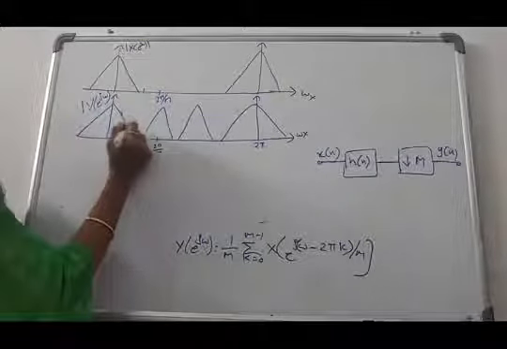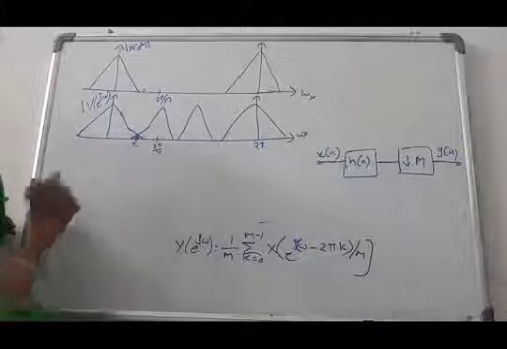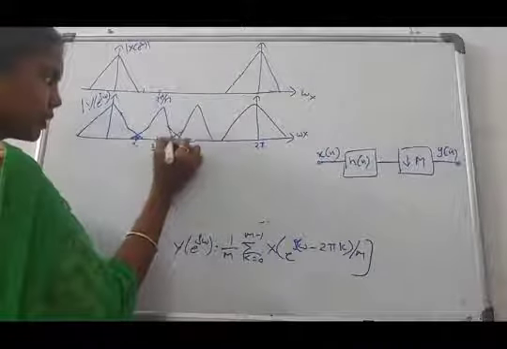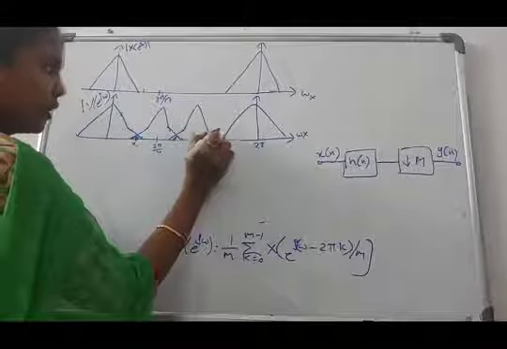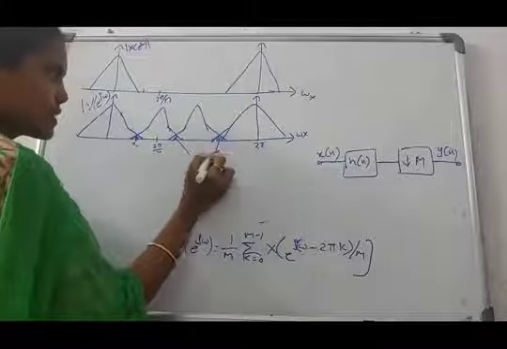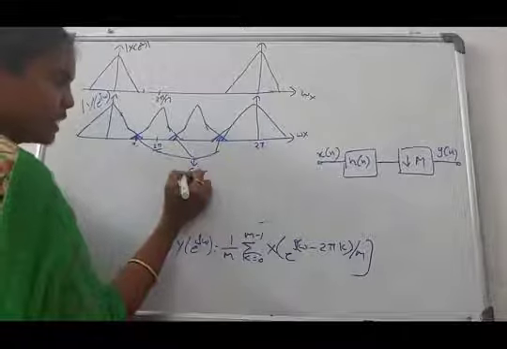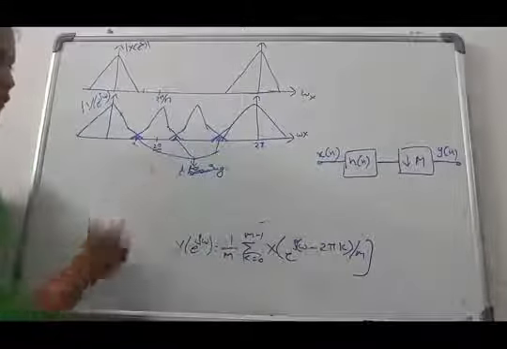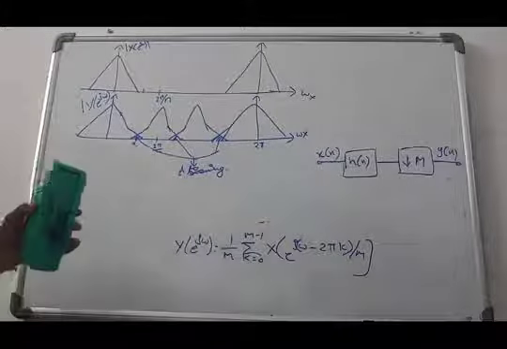Here there is overlapping, and here also there is overlapping between signals. So this effect is known as the aliasing effect.